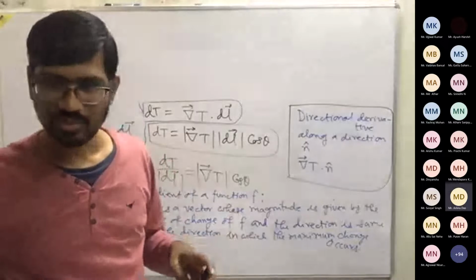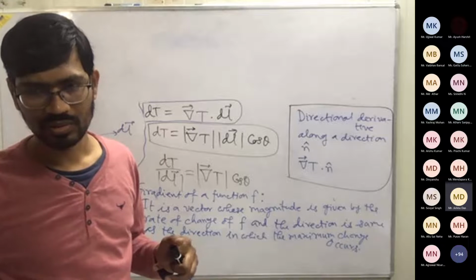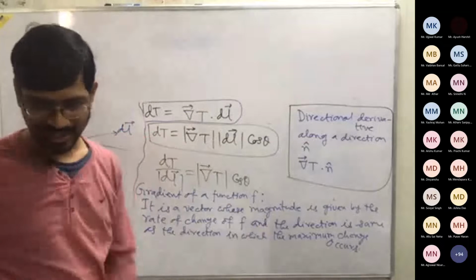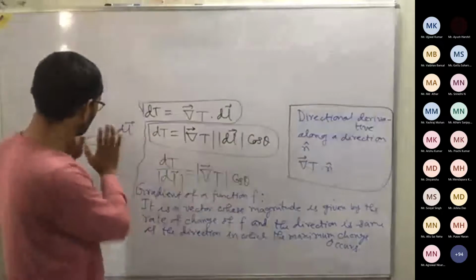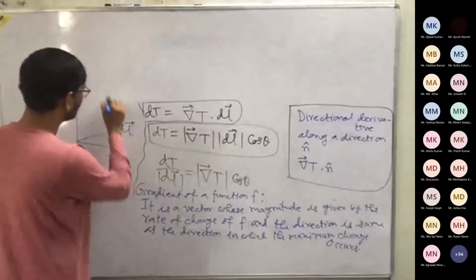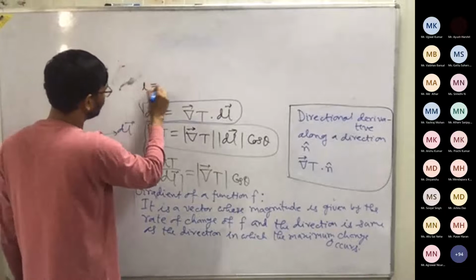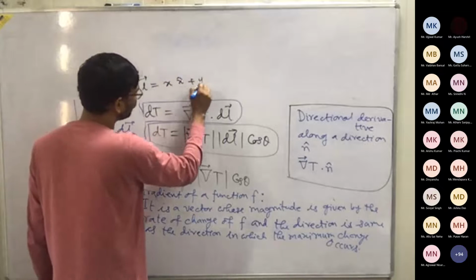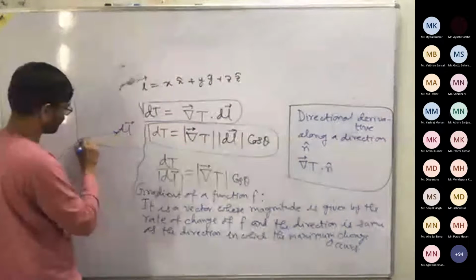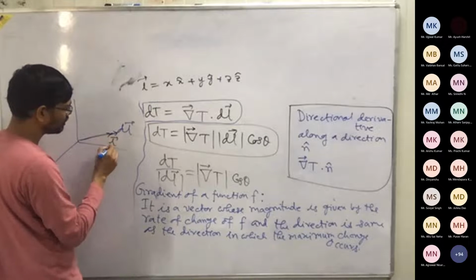Sir, if you are changing the x, y, and z coordinates, del t is also bound to change, because if we assume t as a scalar field, it is going to vary. That's also what I'm saying. I'm not changing the coordinate system. I'm not changing x, y, z. My coordinate system is fixed. What I'm changing is my position vector. You usually call it R, here it is L, equal to x x cap plus y y cap plus z z cap.